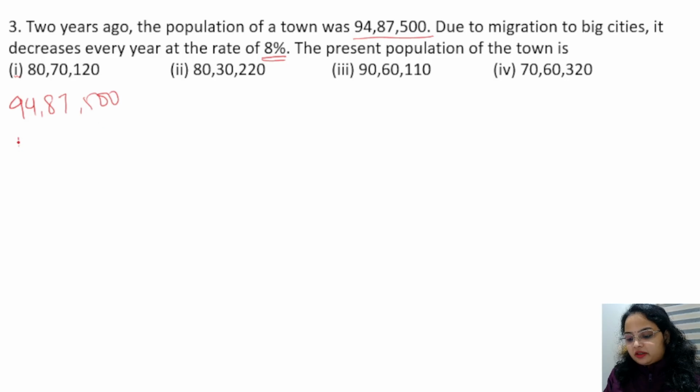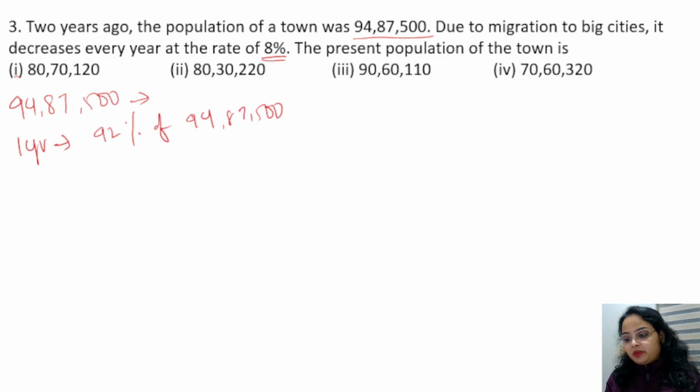So after 1 year, what is the population? If it is decreased by 8%, it is minus 8. 100 minus 8, 92% of the initial population. It is 92% of 94,87,500. And next year also it decreases by 8%.